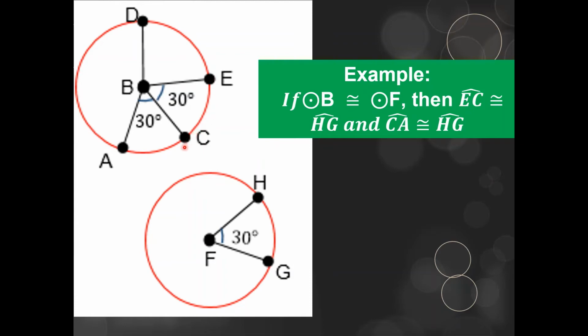And that is equal to angle CBA, so yung arc AC is also 30 degrees. Dito sa kabilang circle, yung measurement ni angle HFG is 30 degrees, so si arc HG is also 30 degrees. So silang tatlo ay congruent to each other, or si EC is congruent to HG, and si CA ay congruent din kay HG.